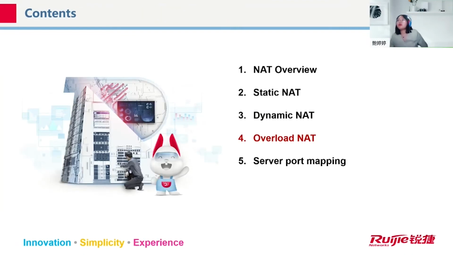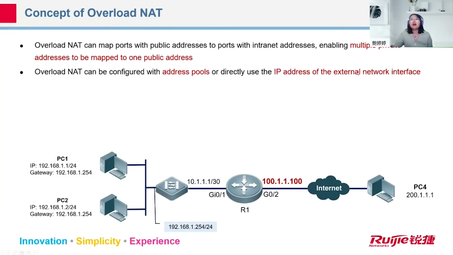But in more scenarios, we hope that one public IP address or maybe two public IP addresses can be used for multiple terminals or multiple applications. So in this scenario, we will also translate the port information, and the technology we call is overload. And the configuration is very similar to dynamic NAT. We want multiple private IP addresses to be mapped to one public address.